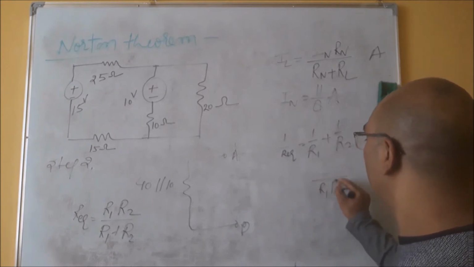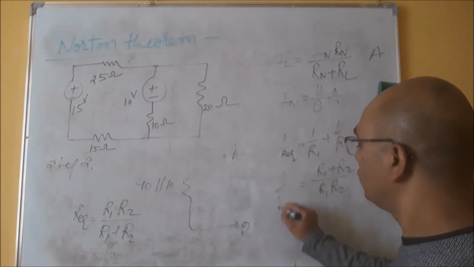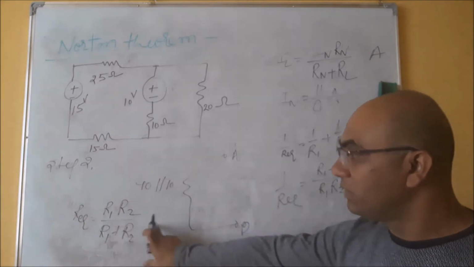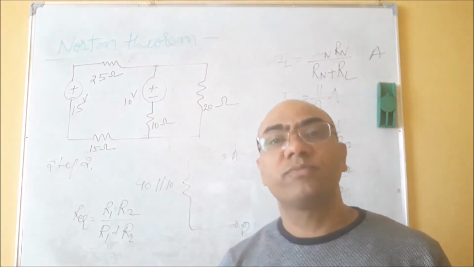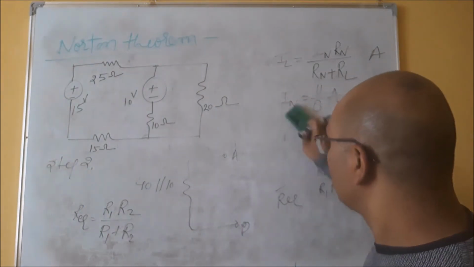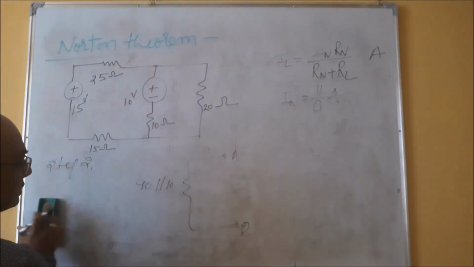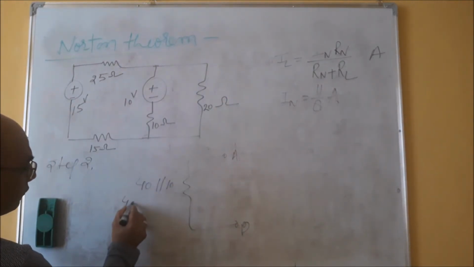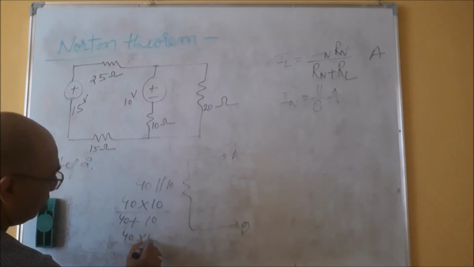So R1 R2 will give you R1 plus R2. So when you reverse, you will get this. Okay, so directly I am using this formula so that in future problems you can use it directly. So 40 ohm and 10 ohm are in parallel. So what we can do, simple, since 40 and 10 are in parallel, 40 into 10 divided by 40 plus 10. So 40 into 10 upon 50.